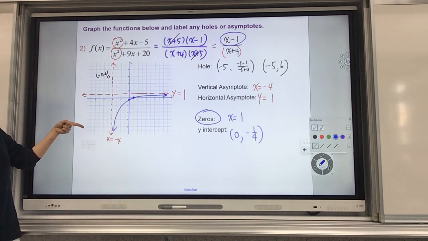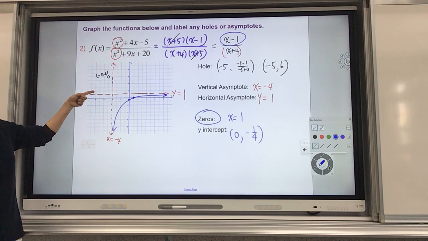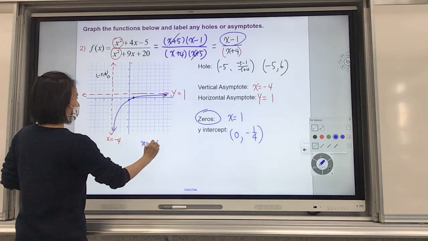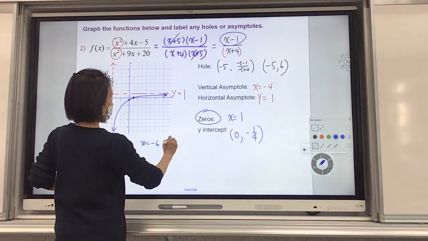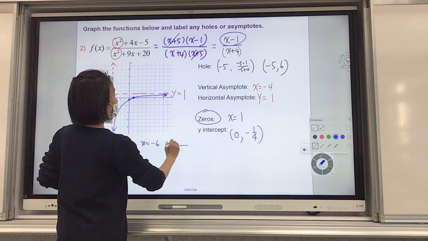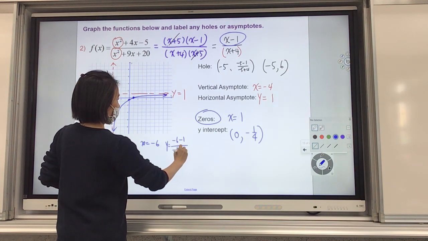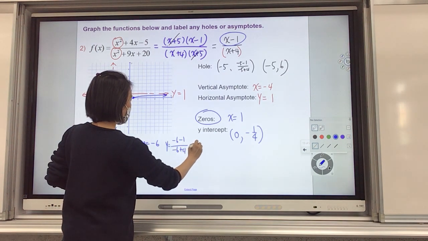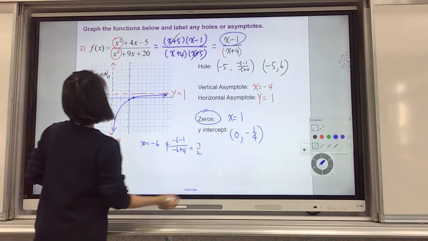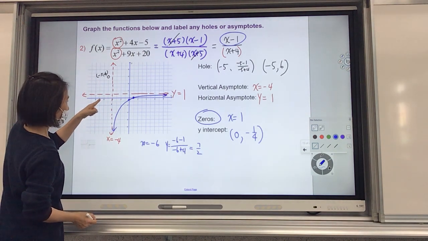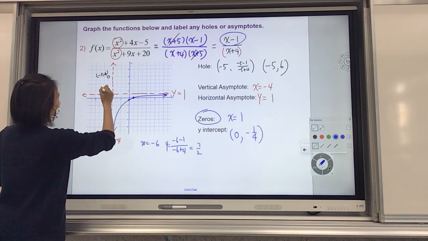Where is the other piece? Well, I can substitute 1 point. Say x equals -6 into that. So y is -6 minus 1 over -6 plus 4, 7 over 2, about 3.5. Anyway, just to give you a general idea.